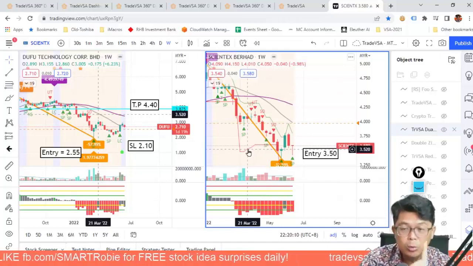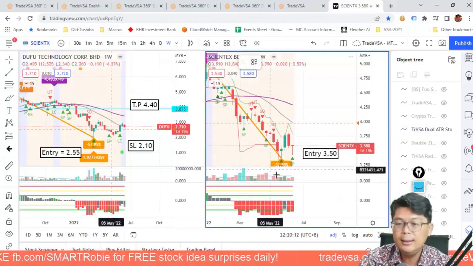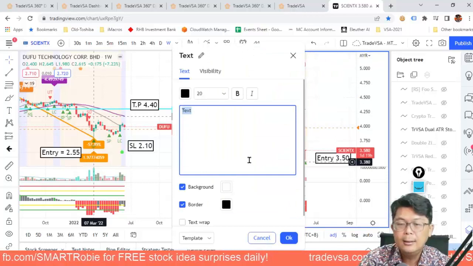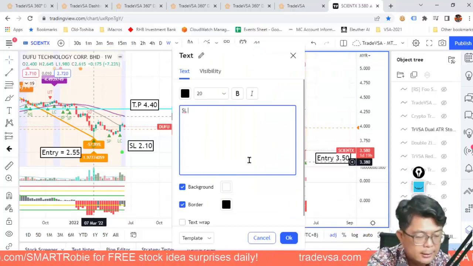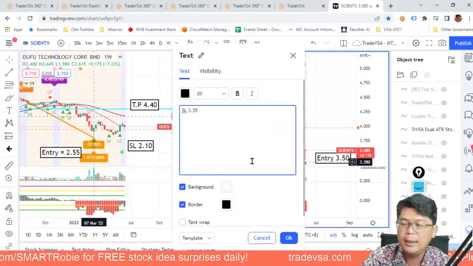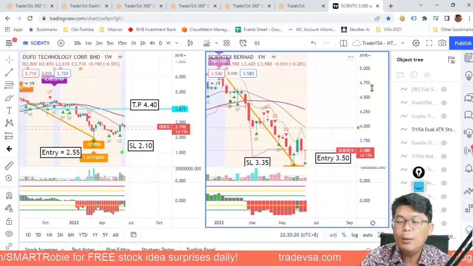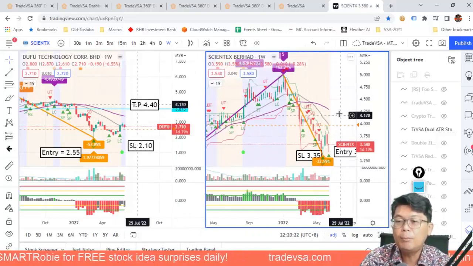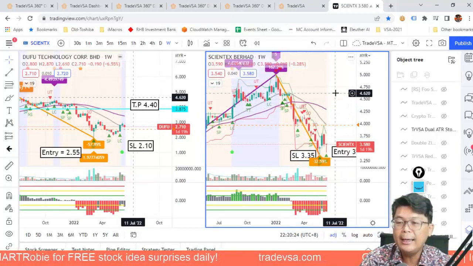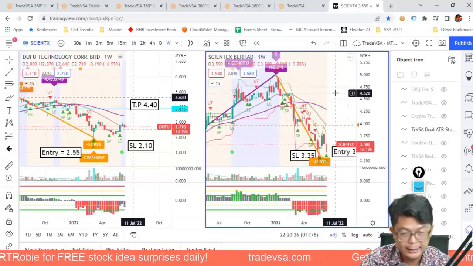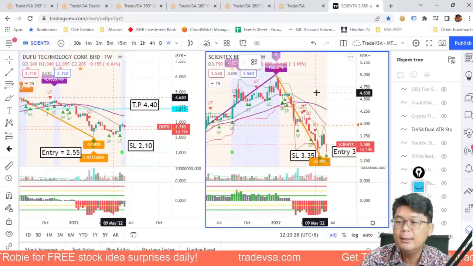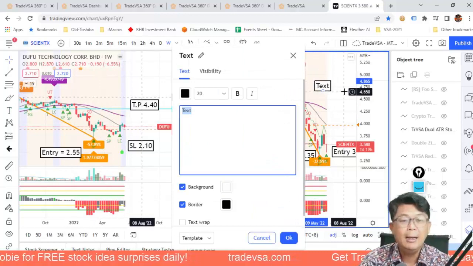Very, very low risk. Stop loss is 3.35. What about the profit objective? You can go for the old high here, maybe around 4.60.